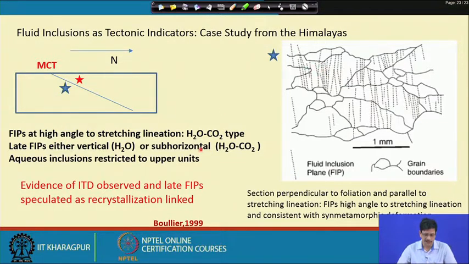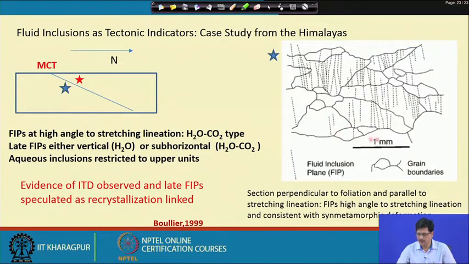The FIPs having the aqueous carbonic inclusion type were mostly on planes parallel to the foliations defining the MCT in that region, but the FIPs populated by aqueous, H2O-rich inclusions were vertical or subhorizontal, and aqueous inclusions were restricted to the units above the MCT.